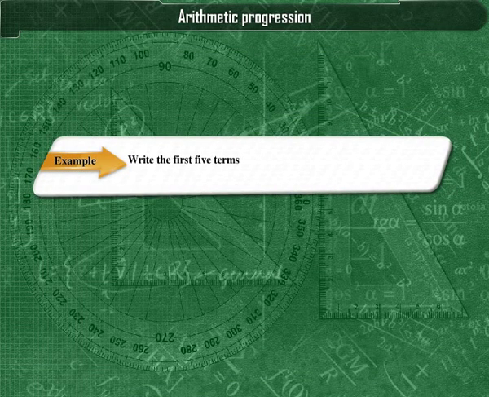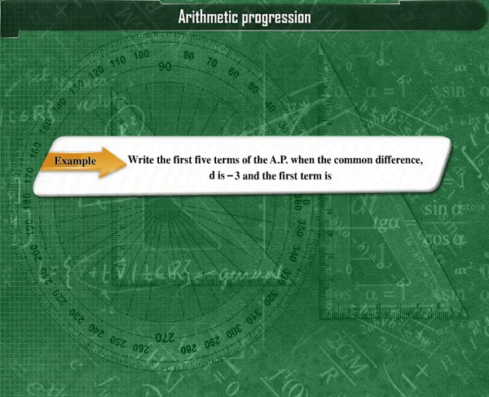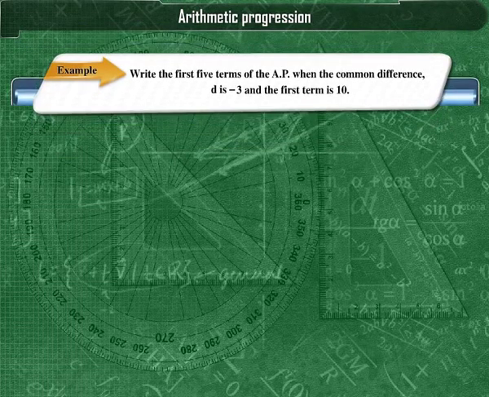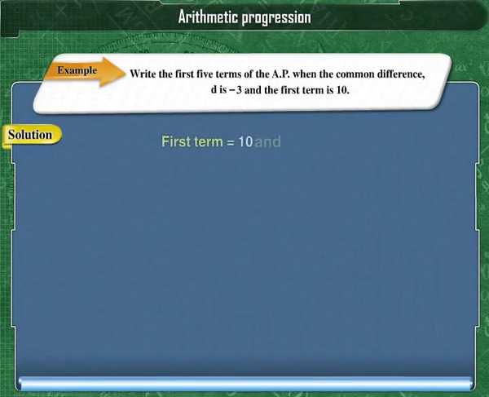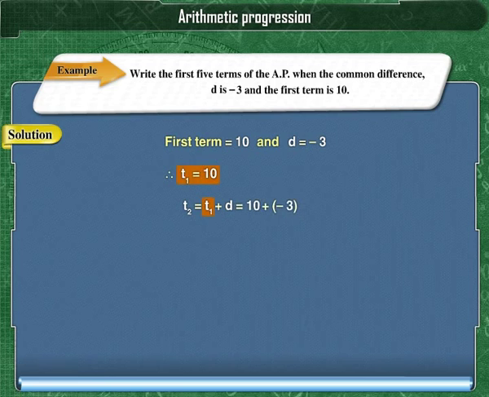Write the first 5 terms of the AP when the common difference D is minus 3 and the first term is 10. It is given that the first term T1 is 10. We know that T2 is T1 plus D, which is 10 plus of minus 3, which is 7.